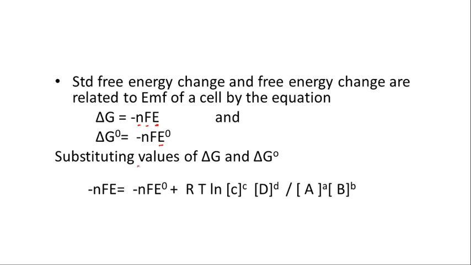Now substituting the values of delta G and delta G naught from these two equations in the previous equation, we get minus nFE. So instead of delta G, I will write minus nFE, equals minus nFE naught plus RT log of [C] raised to c [D] raised to d divided by [A] raised to a [B] raised to b.